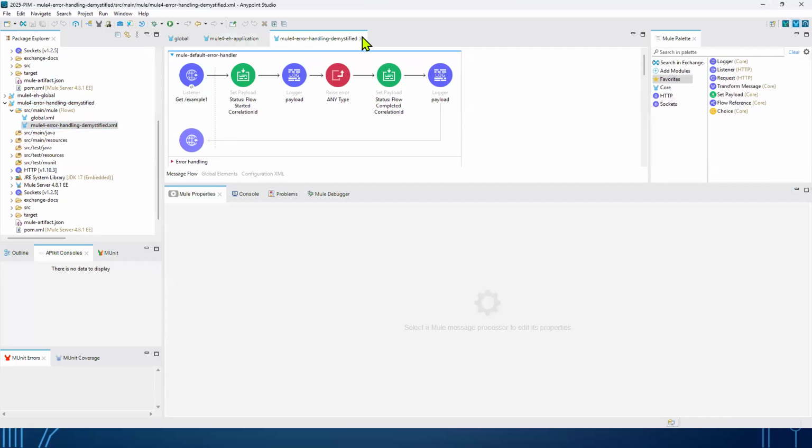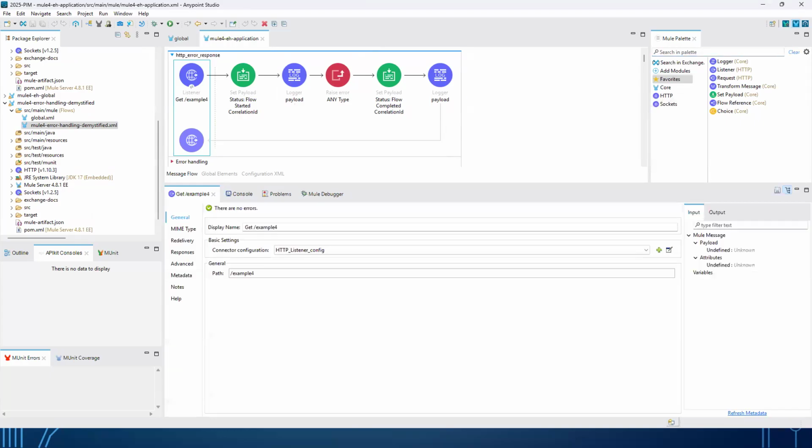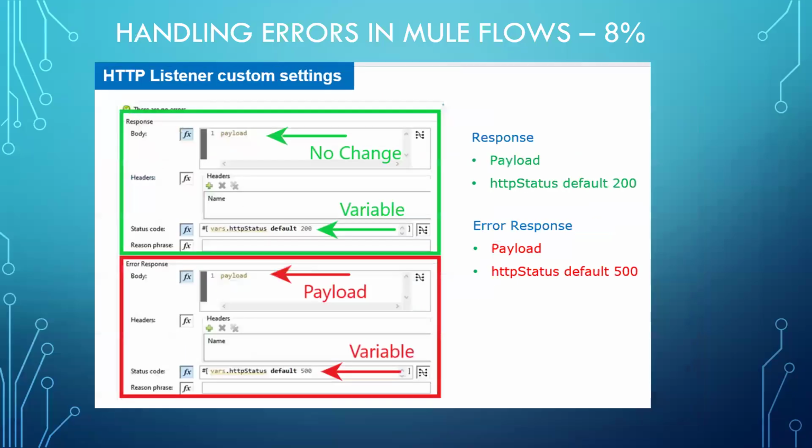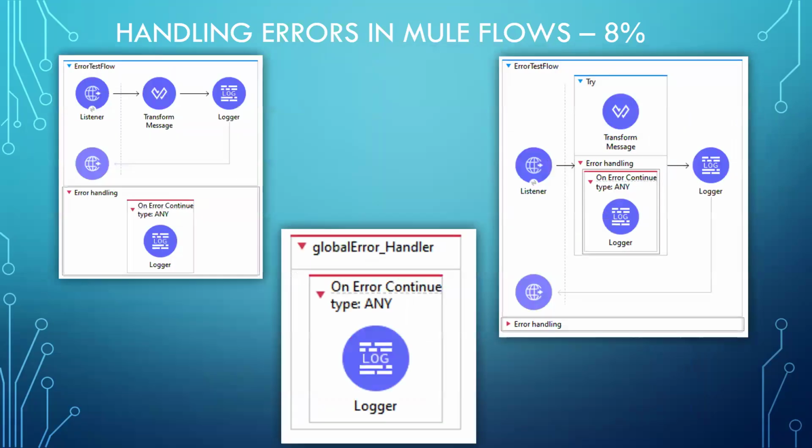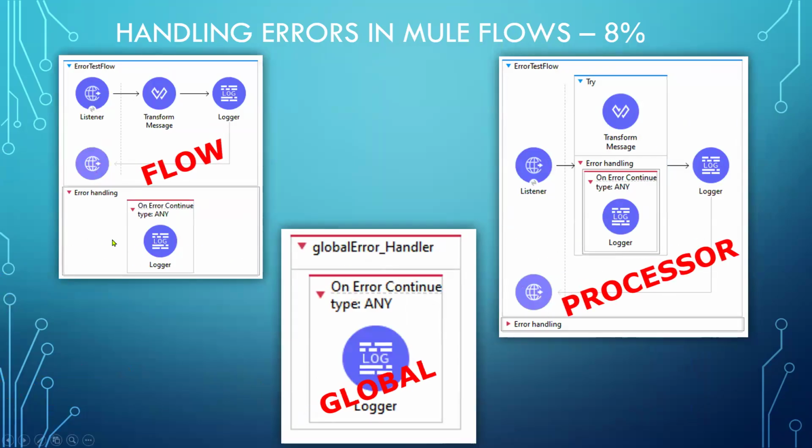Okay, I'm going to jump ahead a little bit on these. We looked at the on error propagate, on error continue behavior, and there are 3 places that we can add error handling. We can add it to a flow, which we just saw. We can add it to a processor, which is the try scope wrapped around not just one, but multiple processors, and then have error handling at that level, or our global error handler.